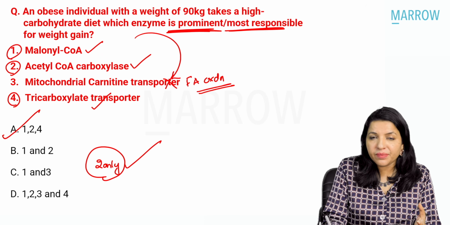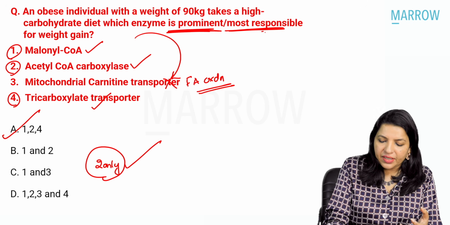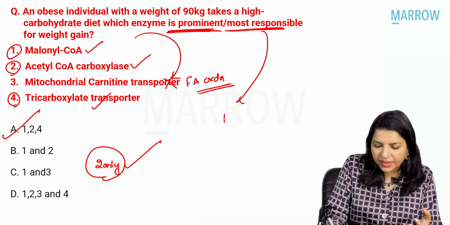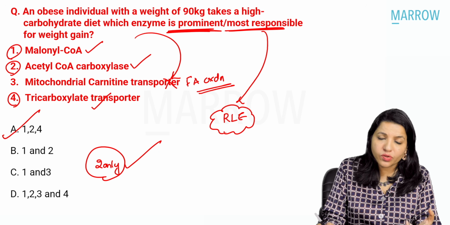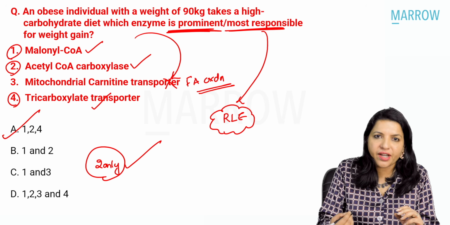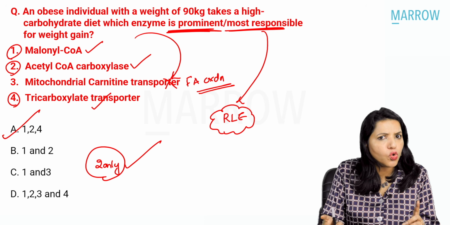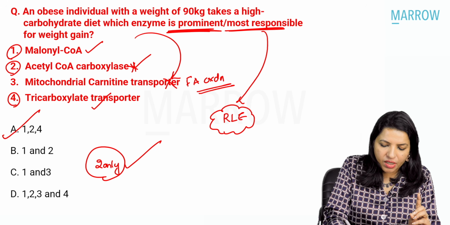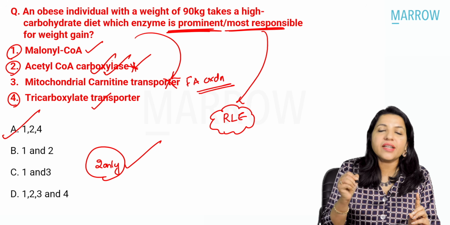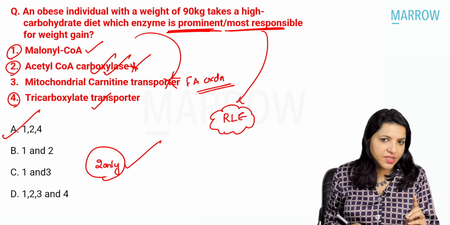If you are asking me, I will say that number one is the rate limiting enzyme of fatty acid synthesis that we have to take. So there is no option like that, and that is why I have taken 1, 2 and 4. If 2 only was there, then I would have taken 2 only. That is acetyl coenzyme A carboxylase, because that is the rate limiting enzyme of fatty acid synthesis.